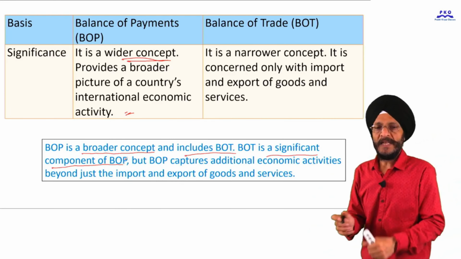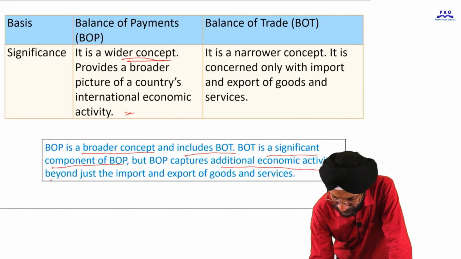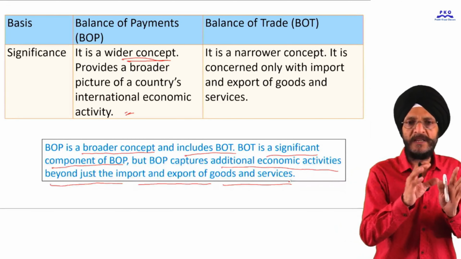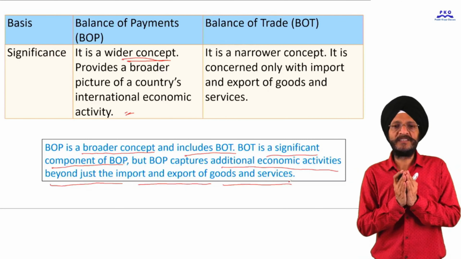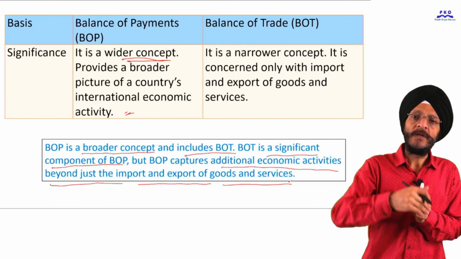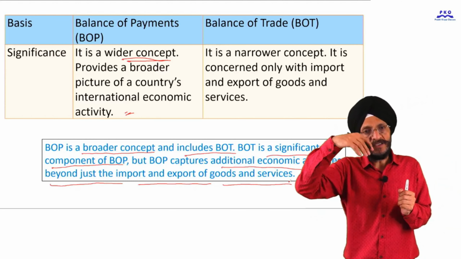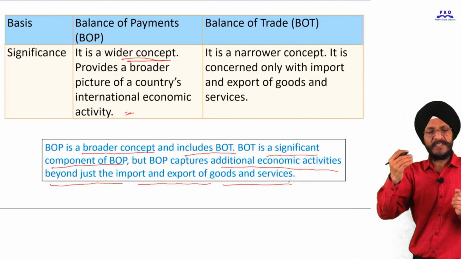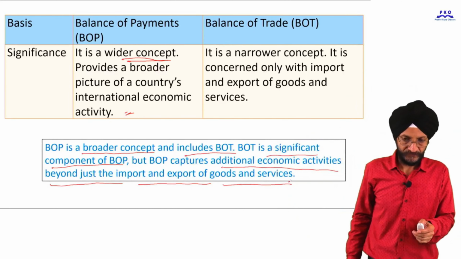But balance of payment captures additional economic activities beyond just the import and export of goods and services. It means that in the case of balance of payment, we not only record transactions pertaining to export and import, but we also record the transactions pertaining to other items such as unilateral transfers, incomes, investment received from abroad, loans paid or loans received, etc.